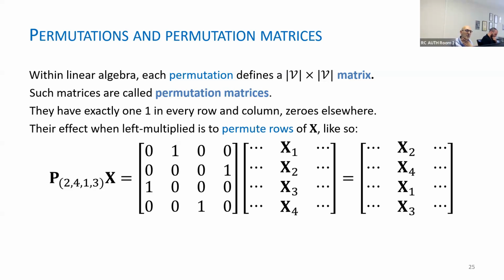This permutation matrix has just one value for each row, and each row provides the way we permute the points in the matrix X. So you see that, for example, applying the matrix on the right, we obtain a different permutation of the input set.